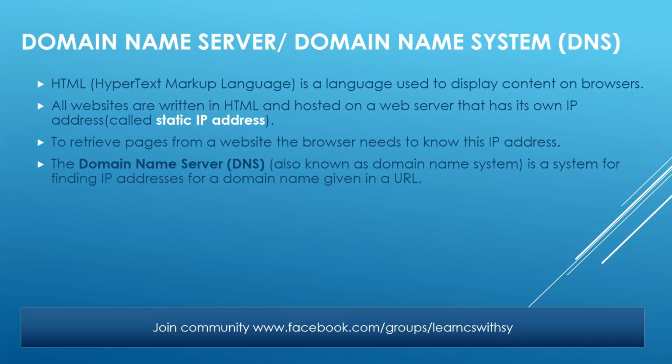DNS, domain name server or domain name system, is simply finding out the IP address for the domain that you have entered as a URL. Very simple. You typed a URL, that URL is converted into its equivalent IP, and the DNS job is to find the equivalent IP so that it is able to open the website very easily.